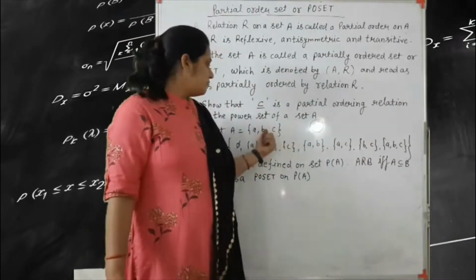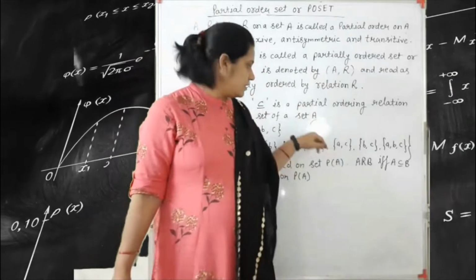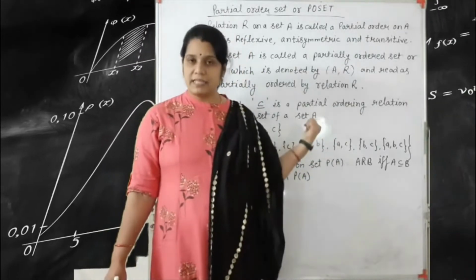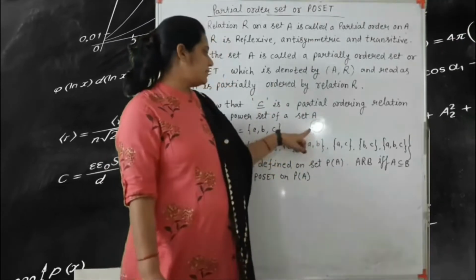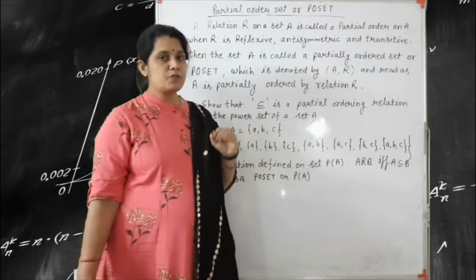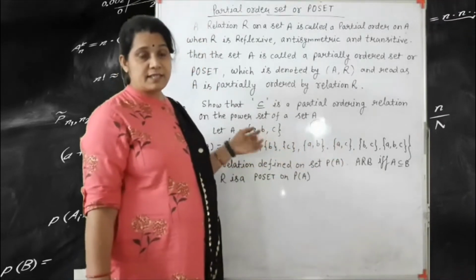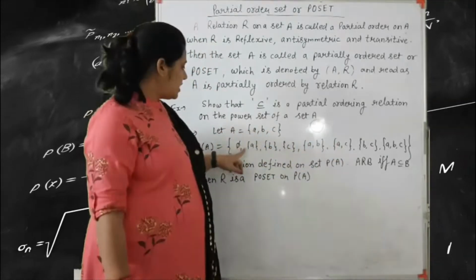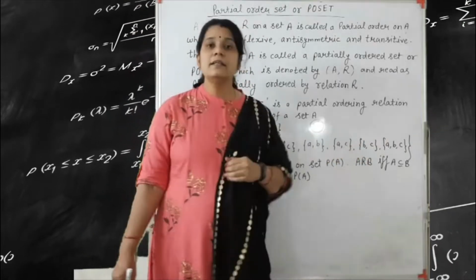If we consider 4 elements, a, b, c, d, you write 2 raised to the power 4. But here we have 3 elements a, b, c, so you write 2 raised to the power 3. That means 2 twos are 4, 4 twos are 8. So we have a total of 8 elements. These are the elements of the power set A: 1, 2, 3, 4, 5, 6, 7 and 8.